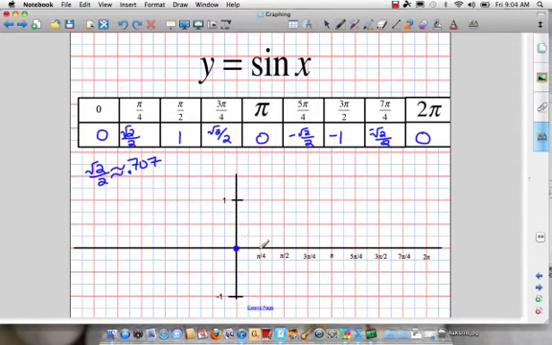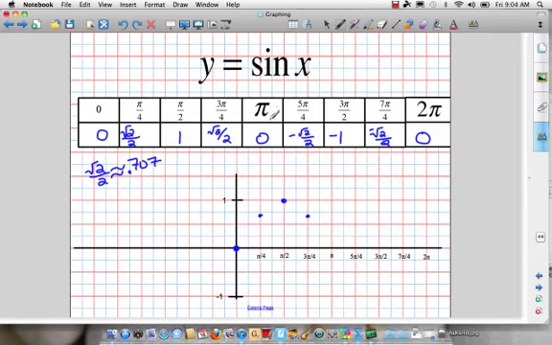And then when x is pi over 4, the sine of pi over 4 is root 2 over 2, which is about 0.707. Here's 0.5, so 0.707 is probably about there. And then when x is pi over 2, y is 1. And then for 3 pi over 4, it's back to root 2 over 2.